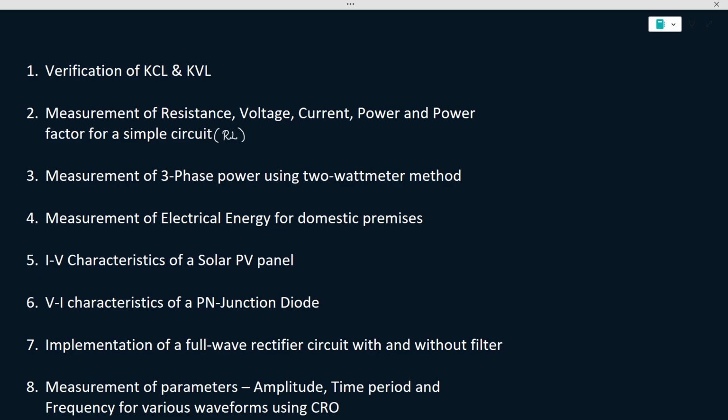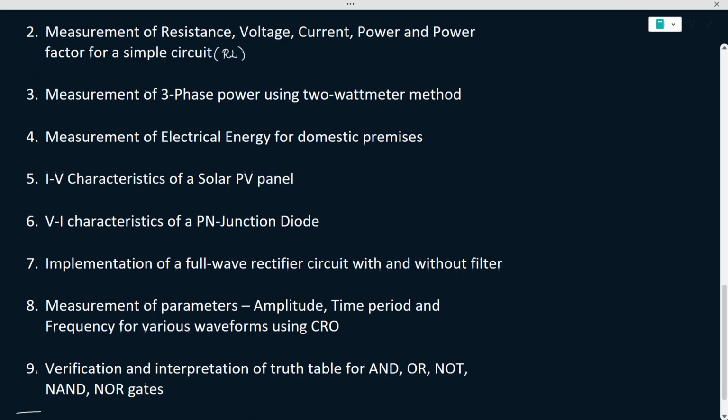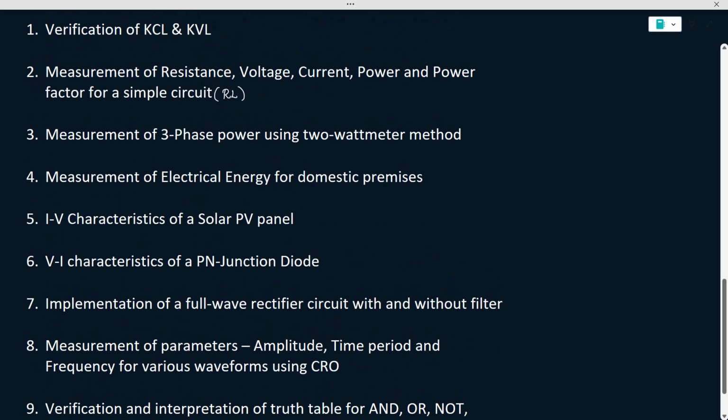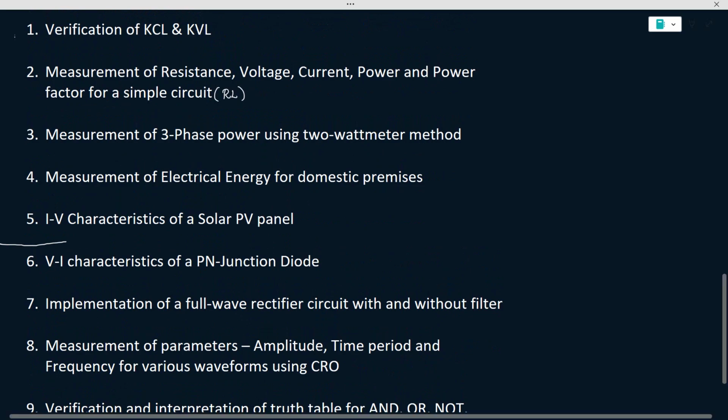So students, just go through your list of experiments. Definitely certain experiments need only little bit of modifications, and we can get the other experiments. See that logic and group the experiments. If you see in this list, if I draw like this, above 5, these three are somewhat similar.